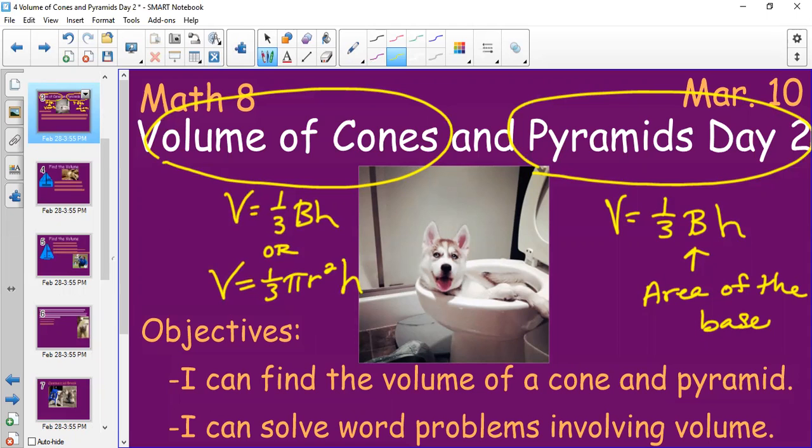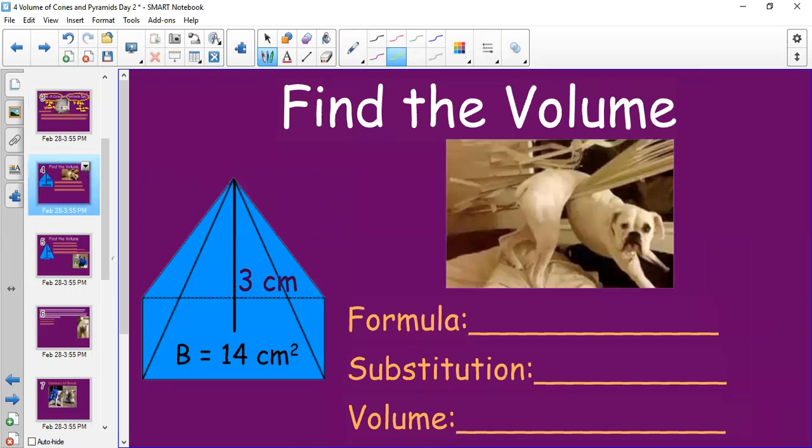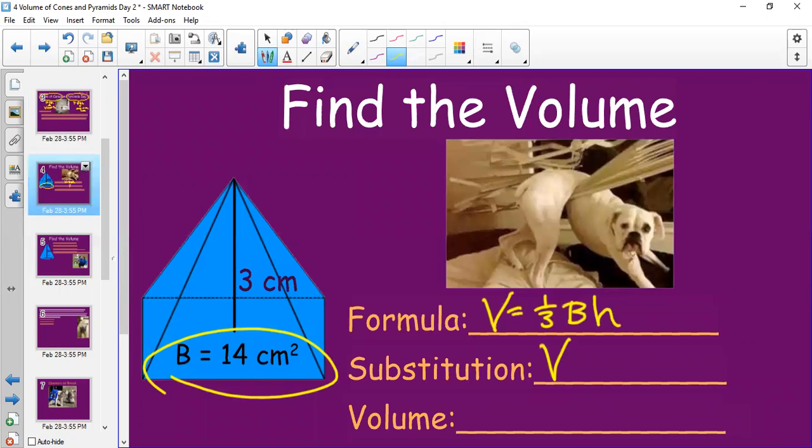So let's go through two questions. Again, these are some of the most missed ones because you're already given big B. So we have a pyramid. I only have one formula for a pyramid, which is 1/3 big B H. I'm already given the big B, which is 14, and the height, which is 3.